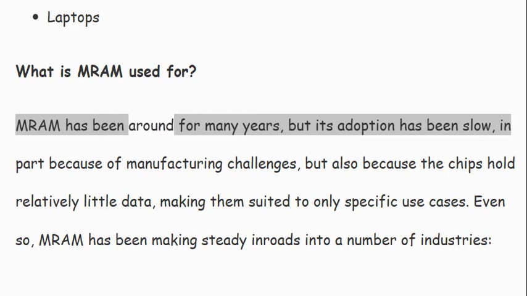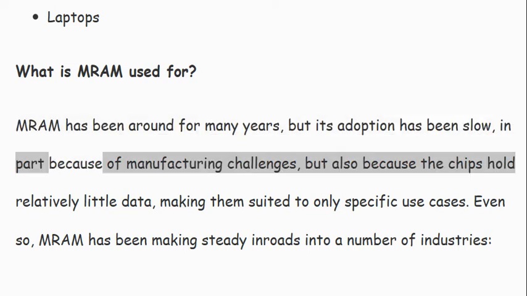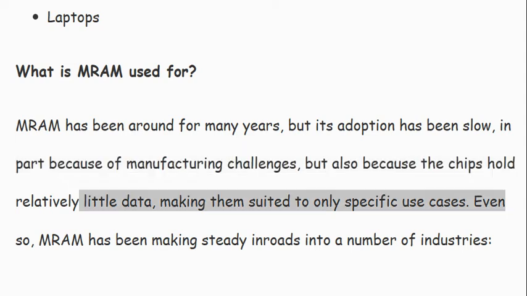What is MRAM used for? MRAM has been around for many years, but its adoption has been slow, in part because of manufacturing challenges, but also because the chips hold relatively little data, making them suited to only specific use cases.